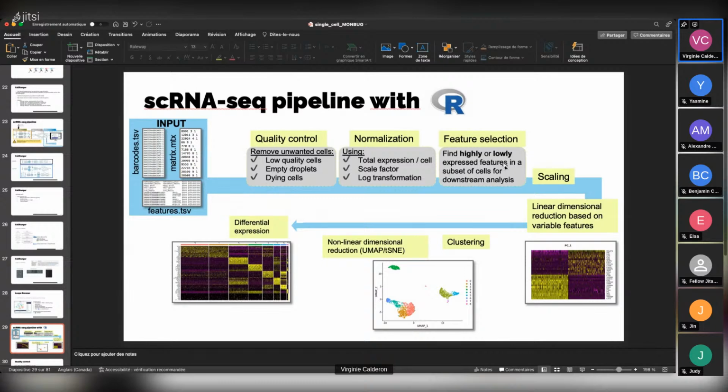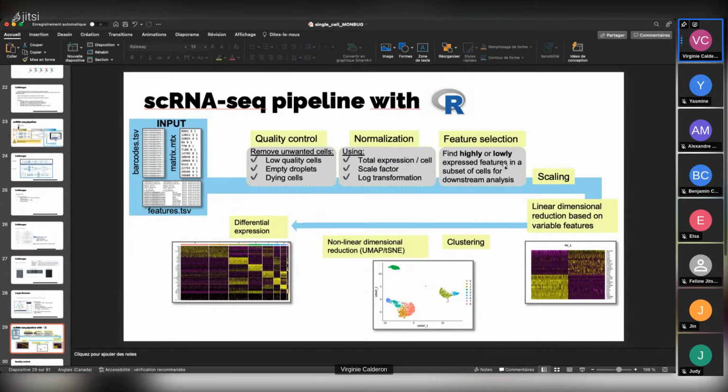So we select the features, we do a scaling, we perform a linear dimensional reduction based on the features we selected just before. We perform the clustering, and at the end, we are going to have what everybody wants, a UMAP or t-SNE, a representation of the data. But we have to do all the process before to get this type of representation.